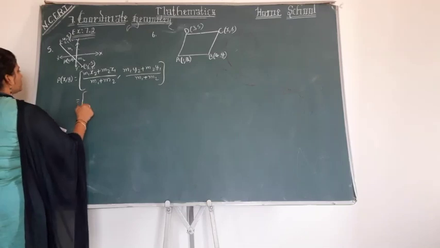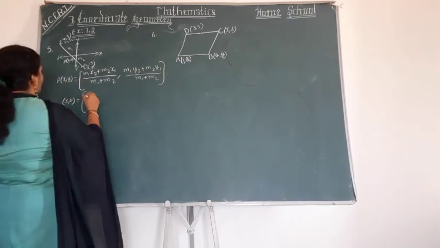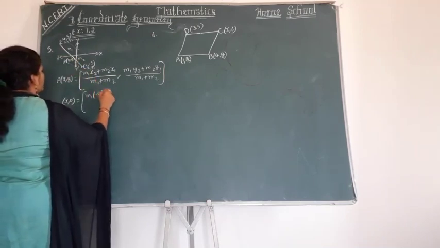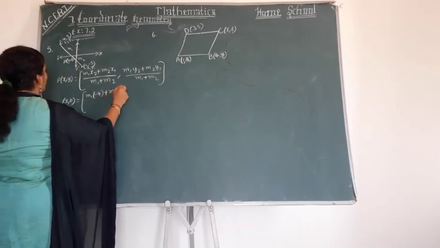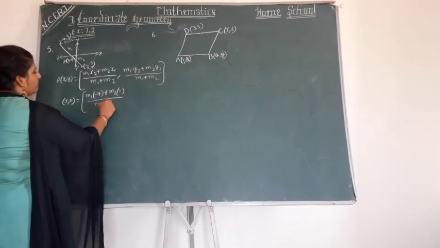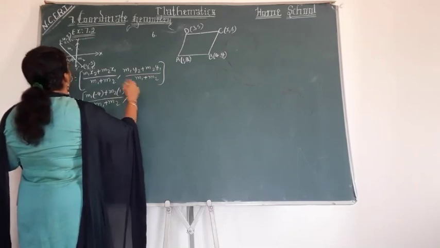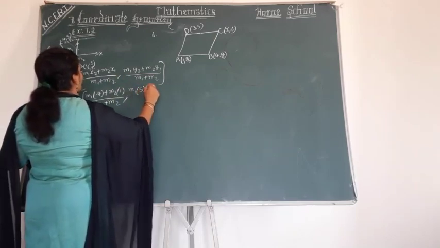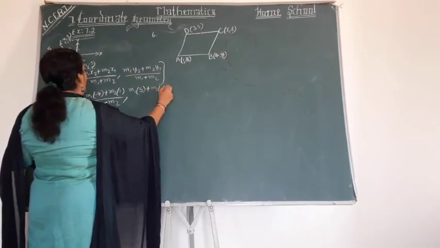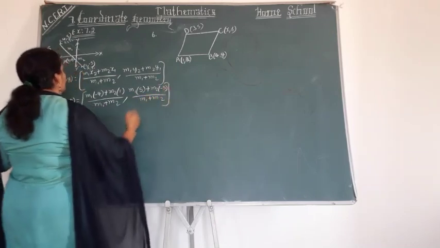Ready, start. So what is your x comma y coordinate? x comma 0. m1 value is m1. x2 value is how much? Minus 4, plus m2, and the x1 value is 1, by m1 plus m2, comma, m1 into the y2 value, which is 5, plus m2 into the y1 value, which is minus 5, by m1 plus m2.